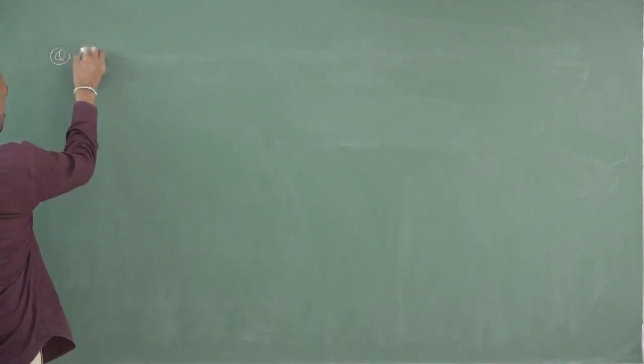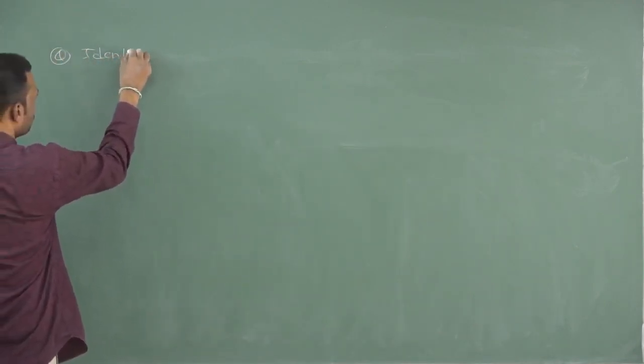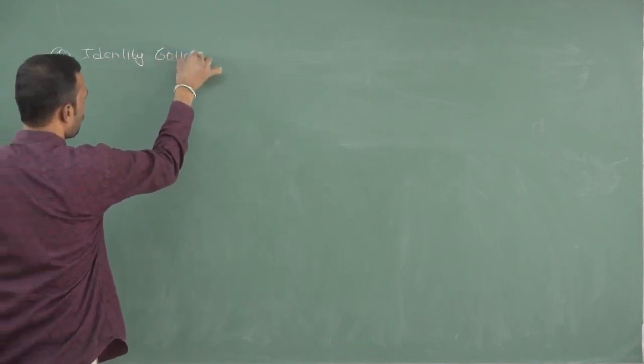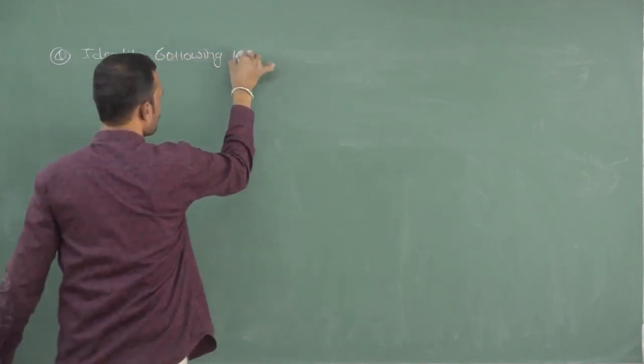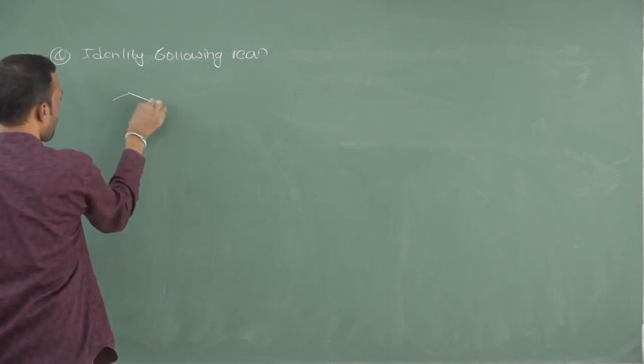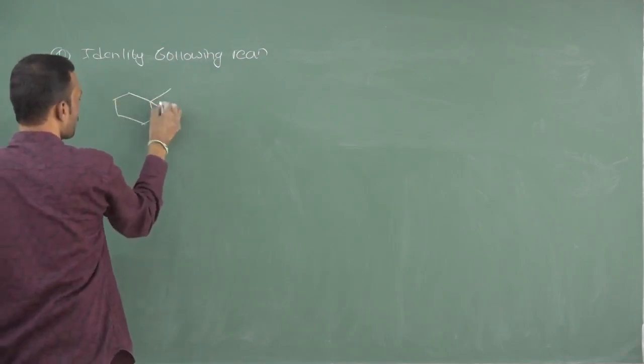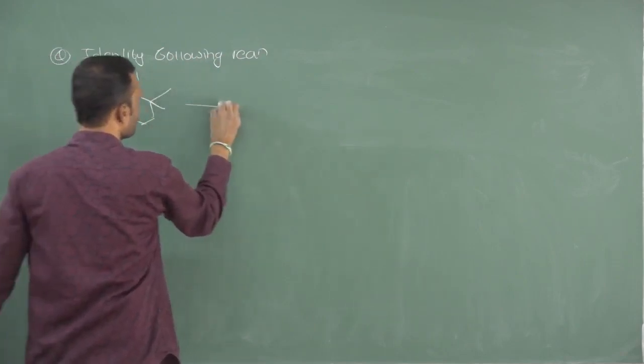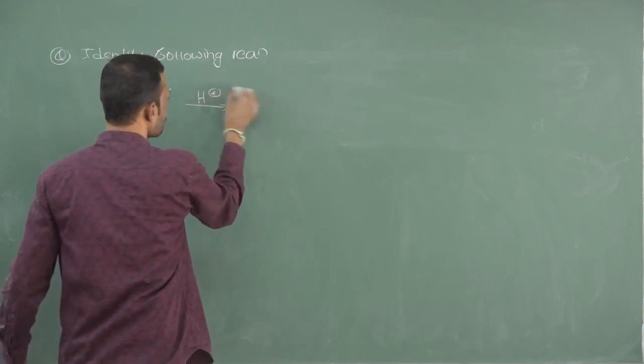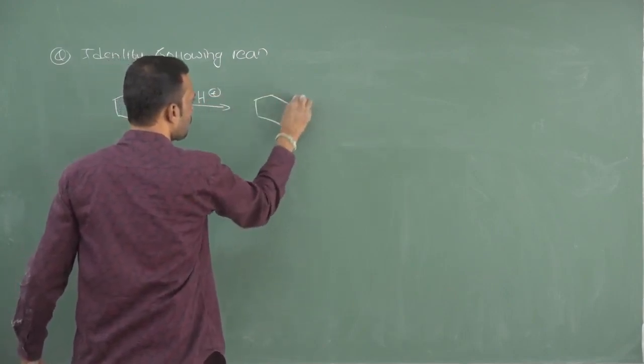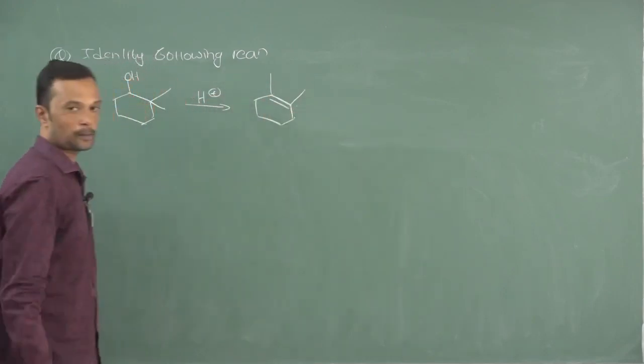Now take some questions. Identify the following reaction. Here I am using an alcohol. After using H plus, you will get a double bond.